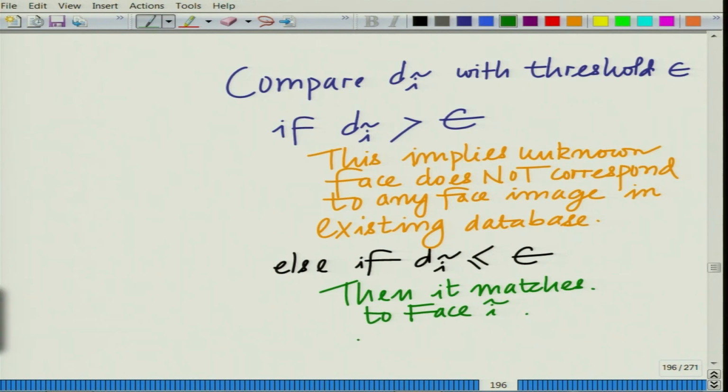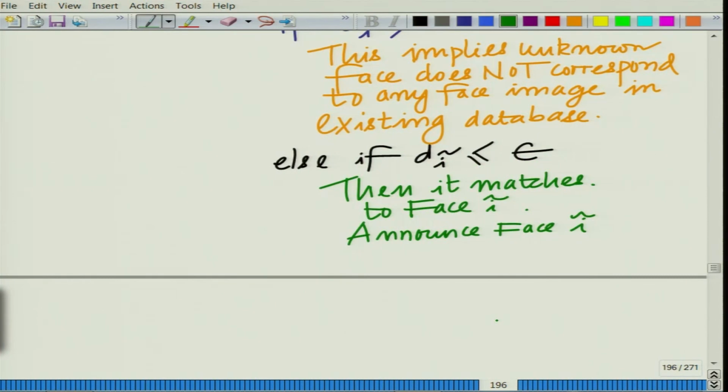So, essentially what you do at this point is you announce face I tilde from the data set as the closest facial image to this unknown image. You announce that it matches to that face I tilde.